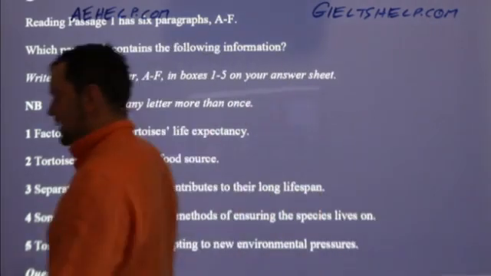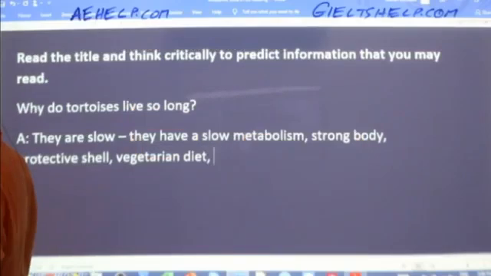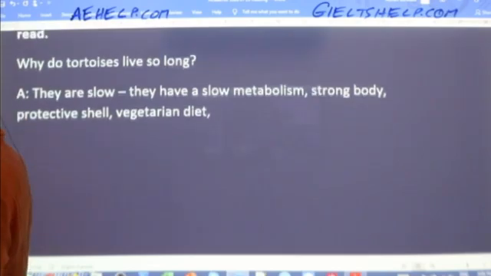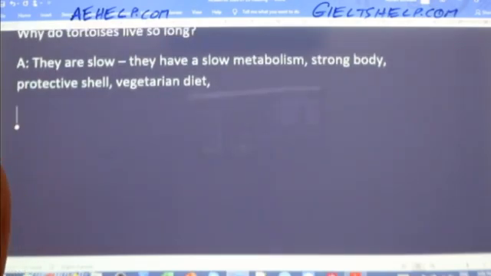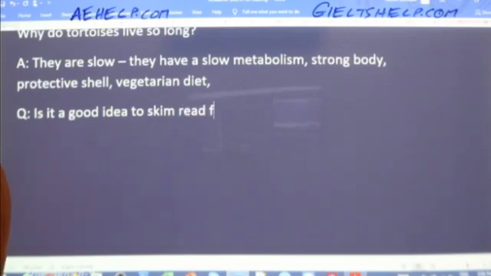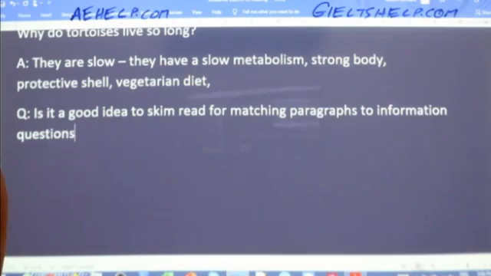Let me ask you that. Just wonder, because I know a lot of people learn skimming and scanning, and it's not a very effective strategy. So here's a question from me. Is it a good idea to skim read for matching information or paragraphs to information questions?